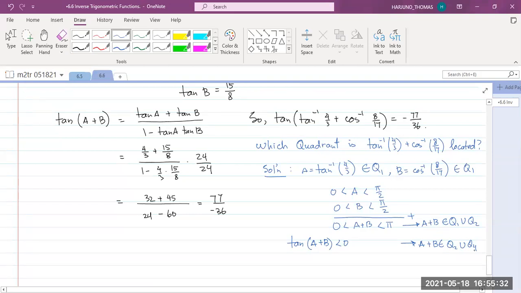From the tangent of the angle, it is quadrant 2 or quadrant 4. So the conclusion, A plus B must be in quadrant 2. You see that?